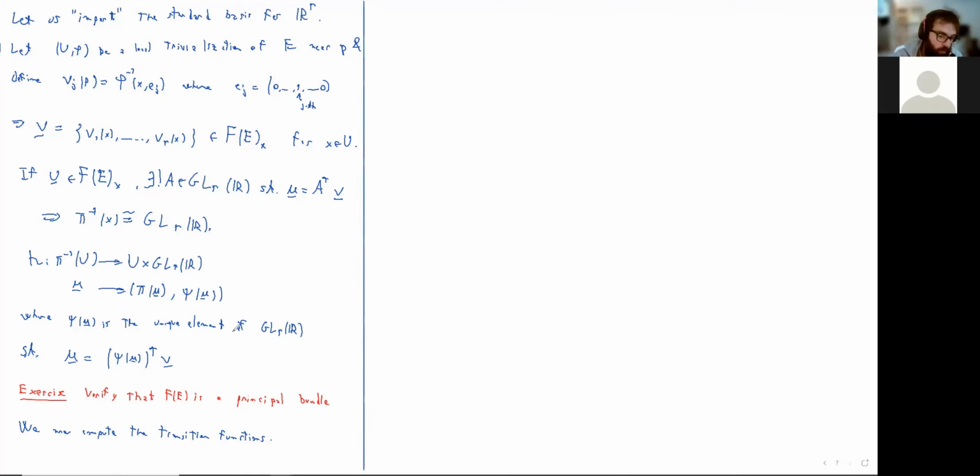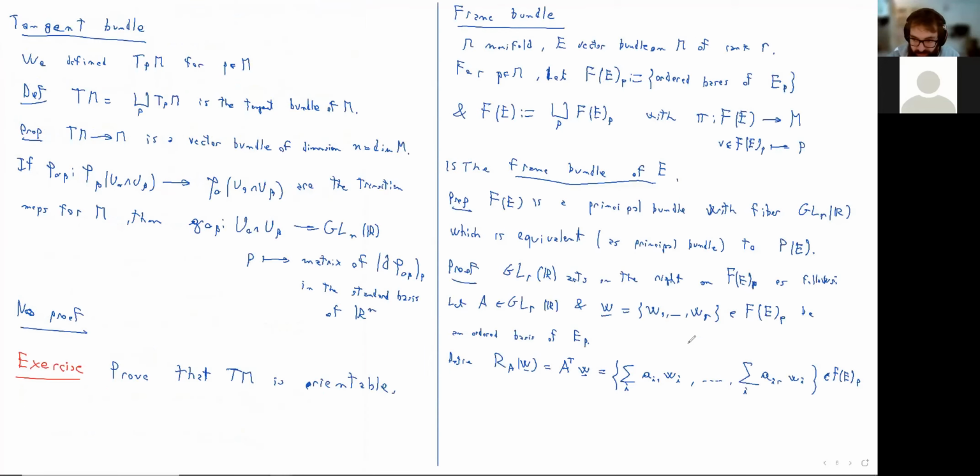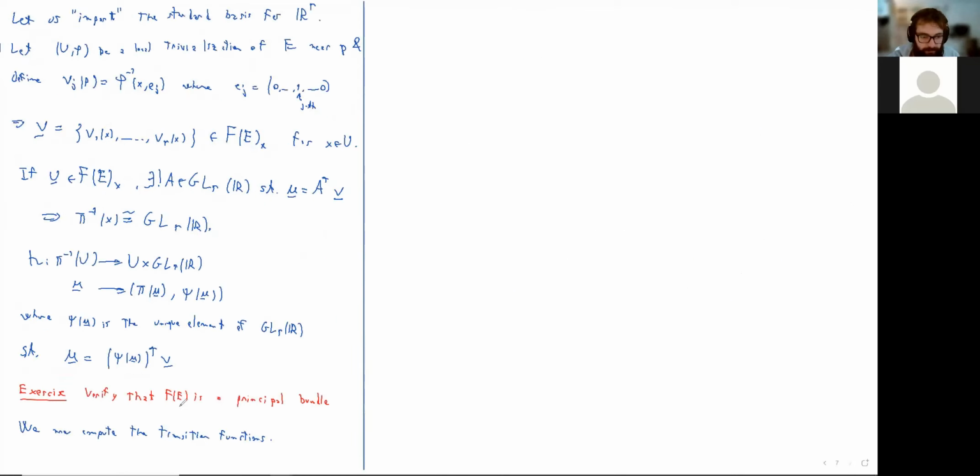So now, after this exercise, you know that it's a principal bundle. And to prove that it is the same bundle as this P E that we defined in the previous slides, we have to compute its transition functions and show that they're the same.